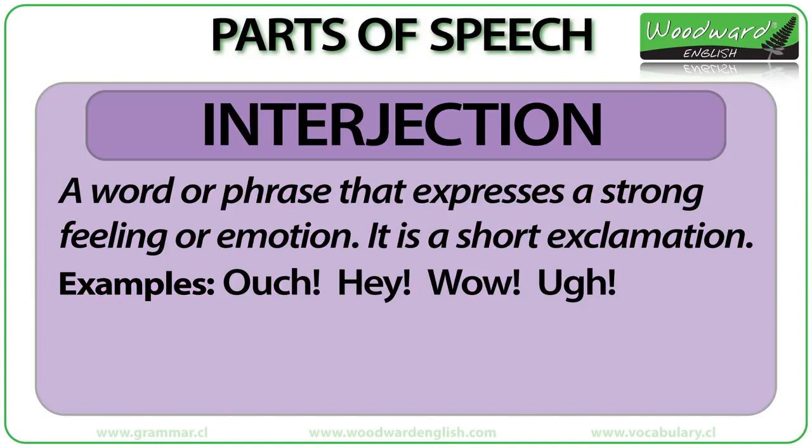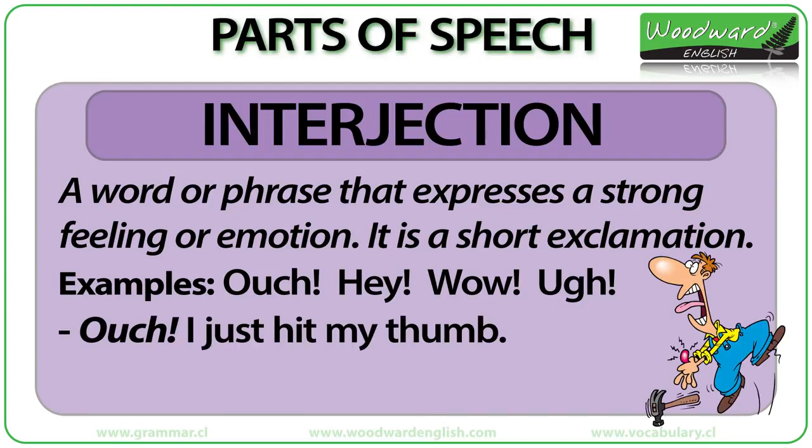An interjection is a word or phrase that expresses a strong feeling or emotion. It is a short exclamation that is used more in spoken English than written English. Examples of interjections are ouch, hey, wow, ah. You can see that interjections often end in an exclamation mark. Some examples: Ouch!